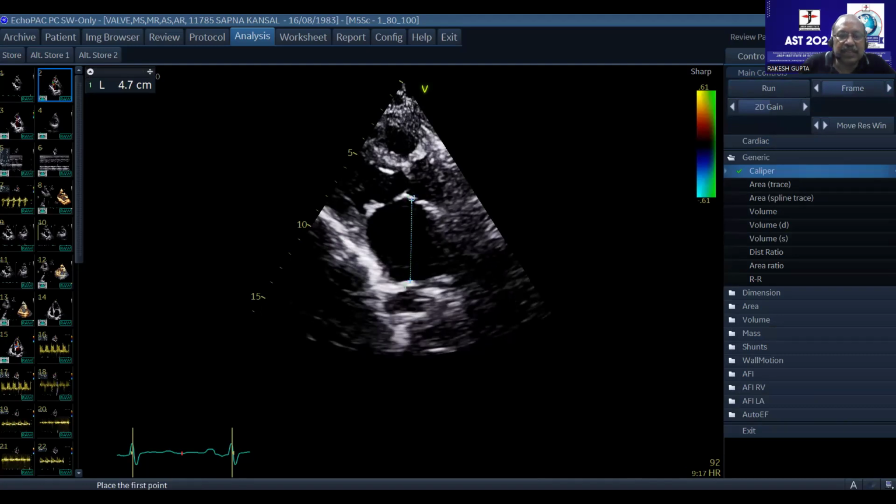And look, this LA size is almost 47. If the body surface area is 1.7, it is almost 2.8 centimeter per meter squared of body surface area. So very clear about it. We have a dilated LA, a thickened mitral leaflet, restriction of the anterior leaflet, and the posterior leaflet is normal.